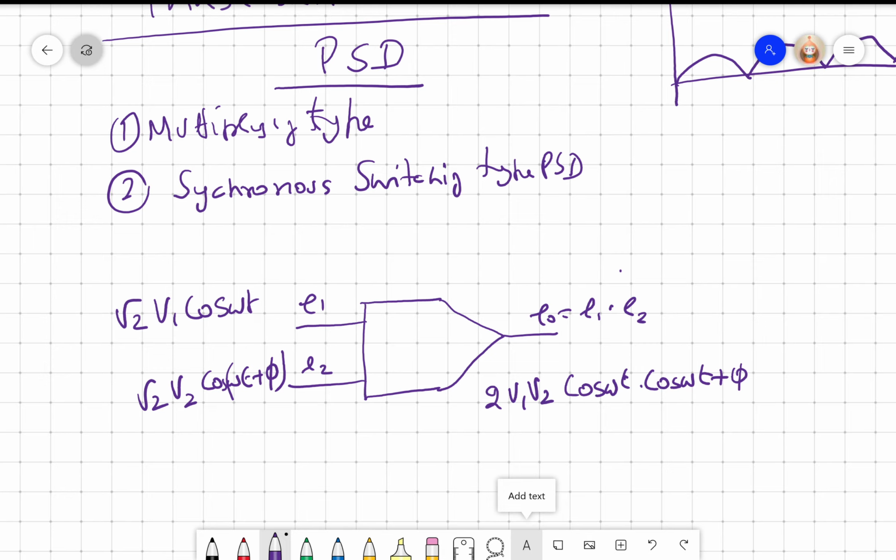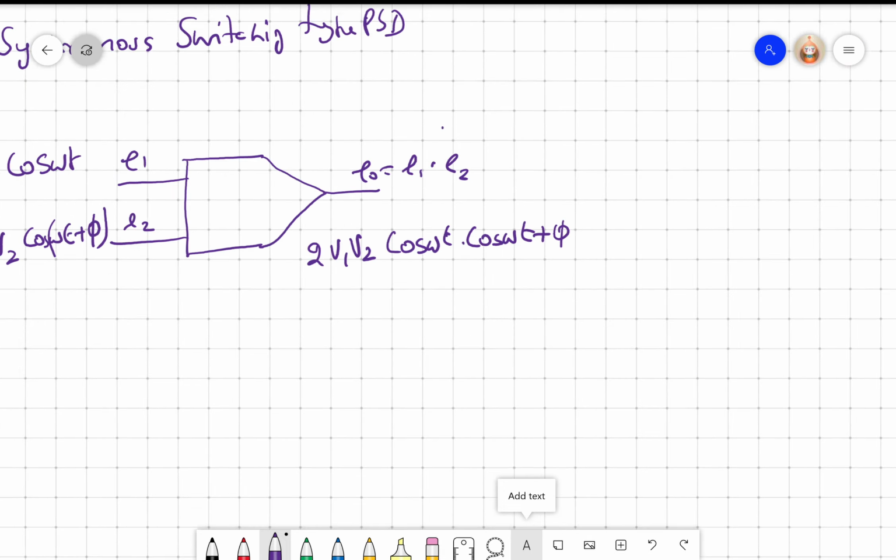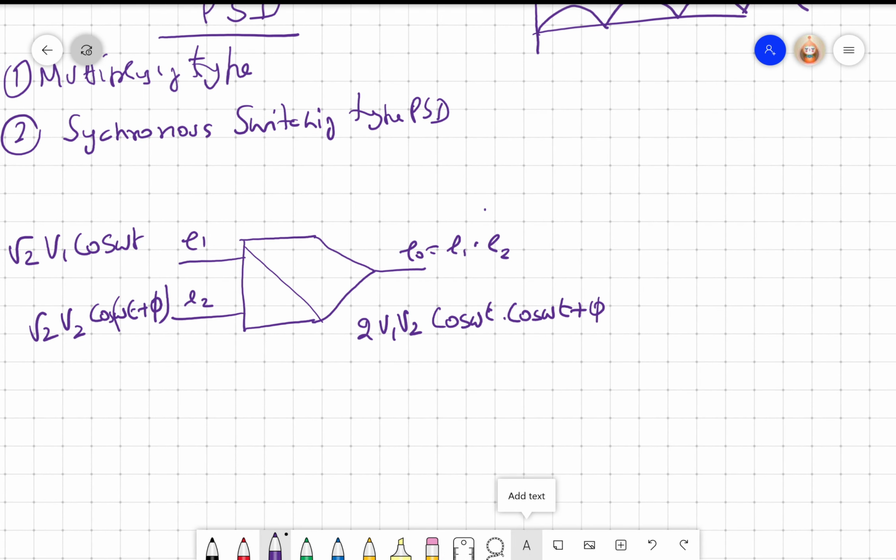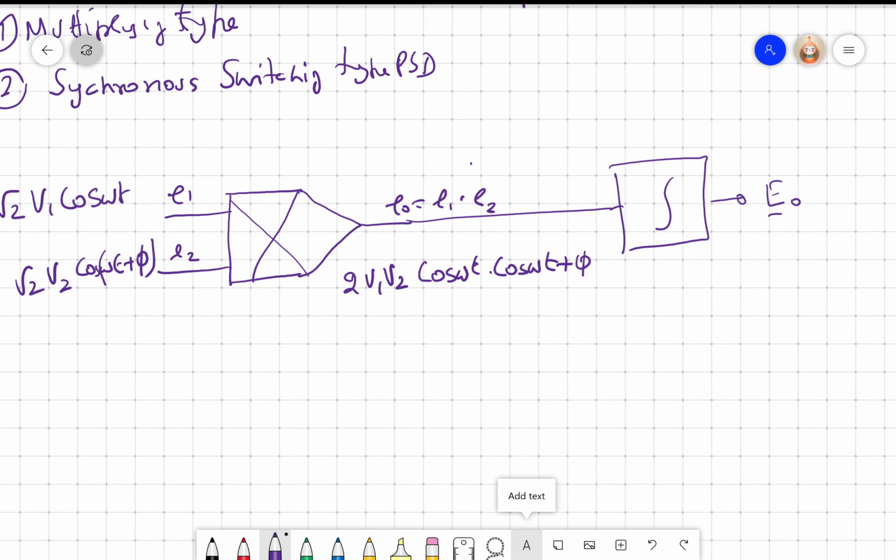Now what I do is, this is a multiplier. I take this and put an integrator. Right? I am going to get E naught here. Let me say that is E naught.